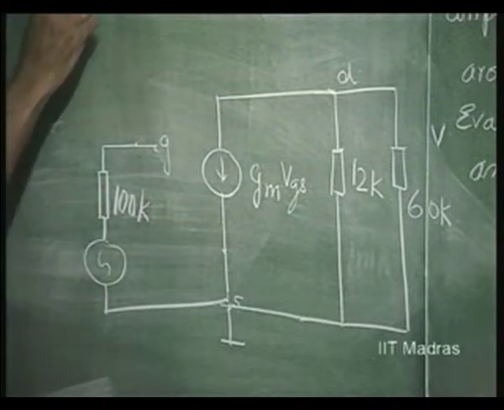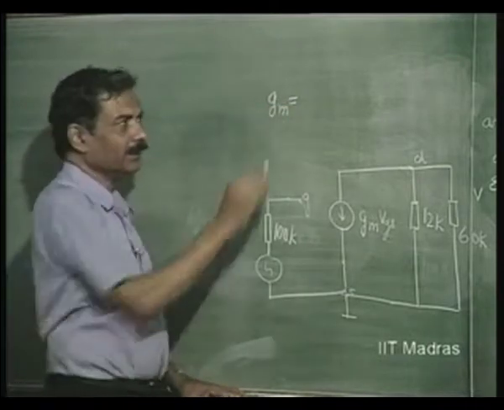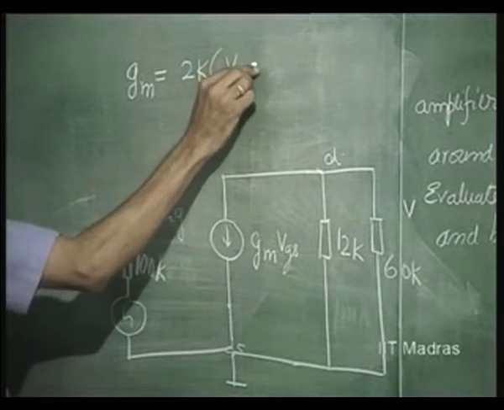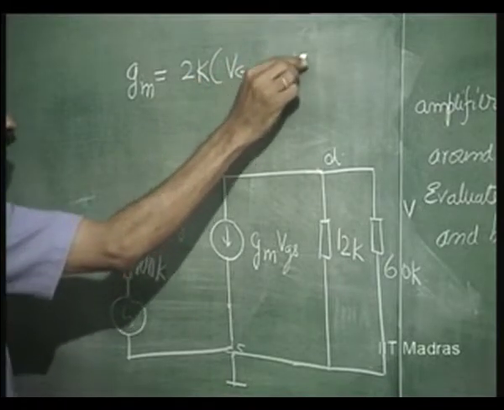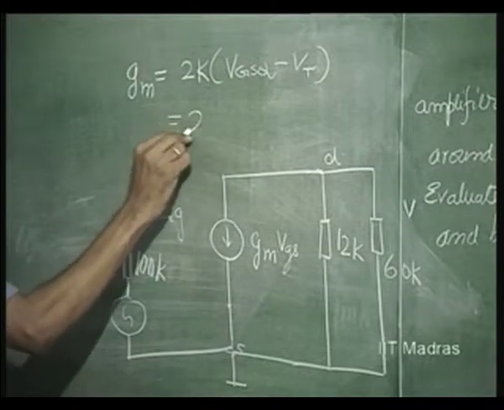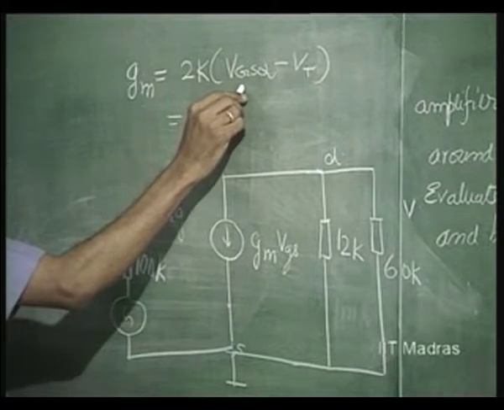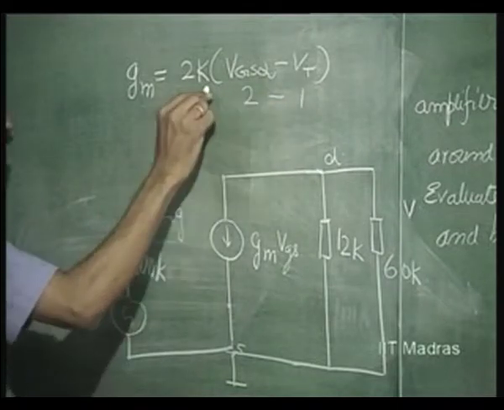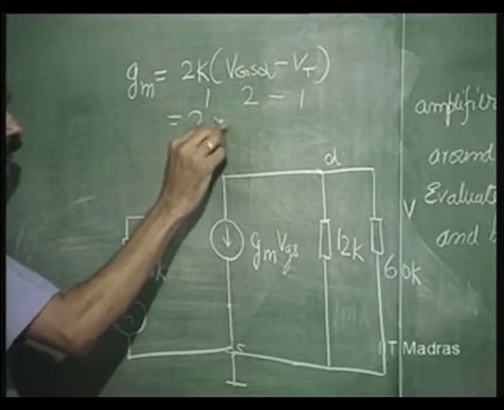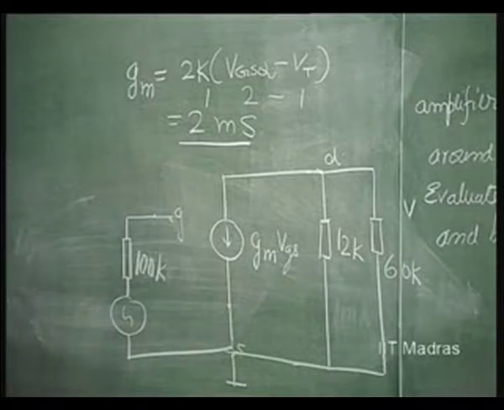So this is the equivalent circuit of our amplifier. Now, what is the value of Gm? Gm at the operating point is 2K into VGSQ minus VT. So with K equal to 1, VGSQ equal to 2, and VT equal to 1, this is actually equal to 2 millisiemens as before.